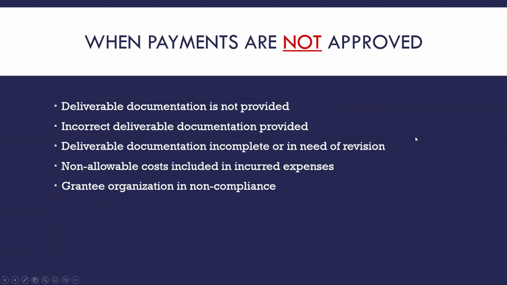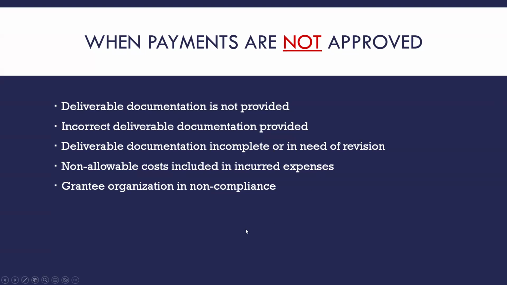So if a payment is not approved, it's because you haven't provided us the documentation that we need, or it's the wrong documentation, so it doesn't match up with what is in the expenditure log, or it's incomplete, we need you to revise something, or if they're non-allowable costs, we'll send that back to you as well.